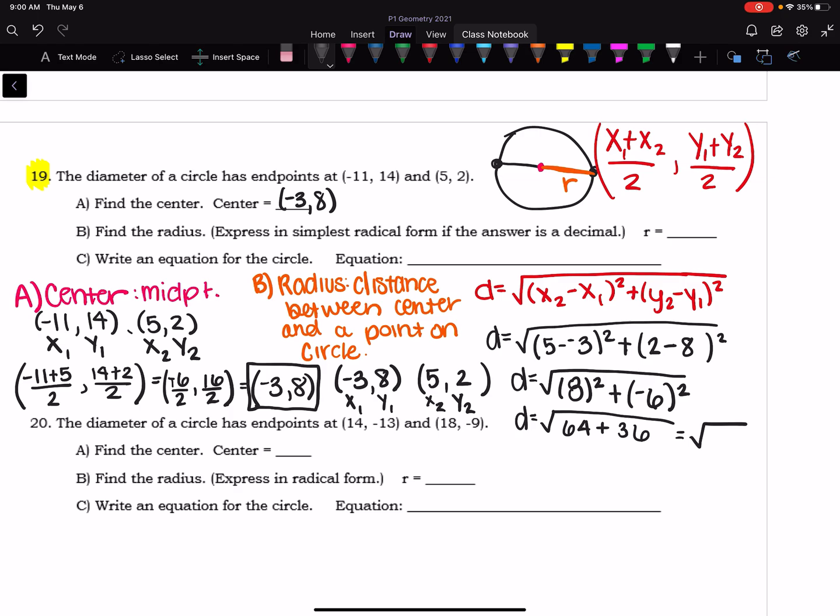Then we can go ahead and add 64 and 36, which is 100. We can take the square root of 100, which is a perfect square, and we get 10. So the distance between the center and a point on the circle is 10, which means that our radius is also 10.